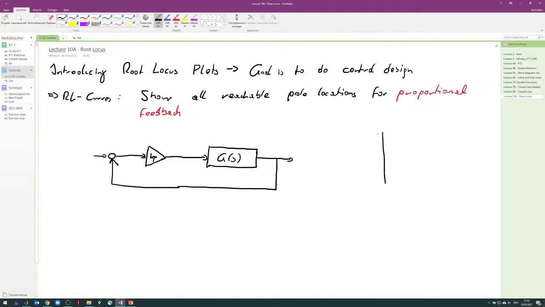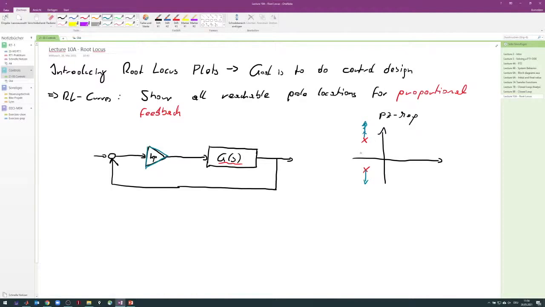For example, if you draw the pole zero map, G of s has these poles, you can use the proportional feedback to move those poles around in a closed loop, right? This is what the root locus curve says. So all these points here correspond to a specific proportional gain in your controller where you can place your poles at.